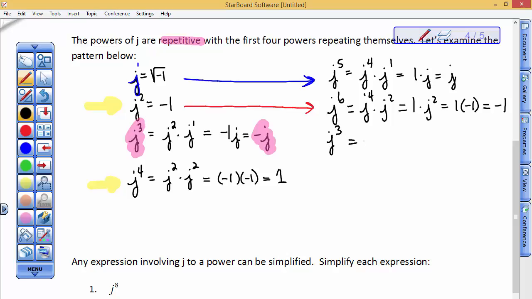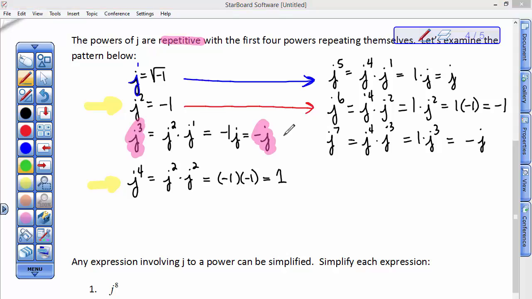Let's go with j to the fourth times, oops, I'm sorry, this is supposed to be j to the seventh. J to the fourth times j to the third. So that just makes you back to 1 times j to the third, which is right here, and j to the third is a negative j, so now here I am, j to the third is j to the seventh.